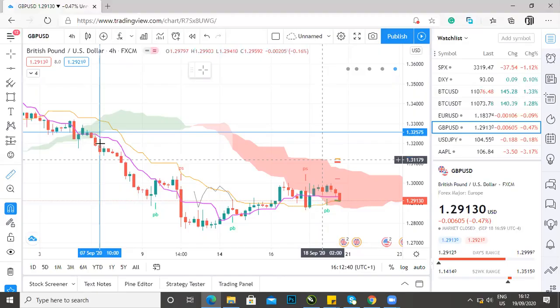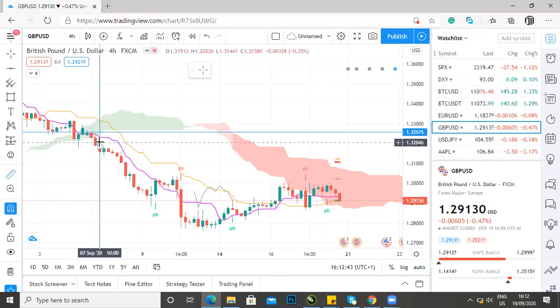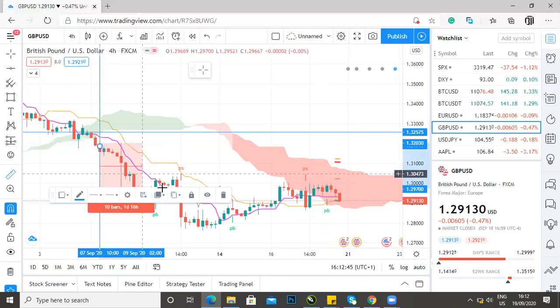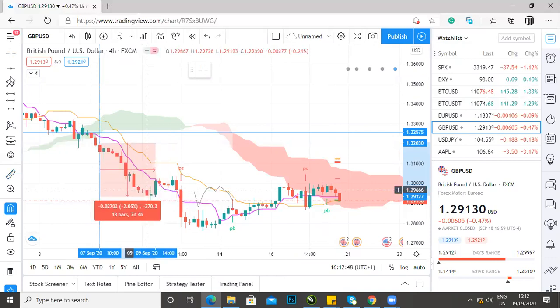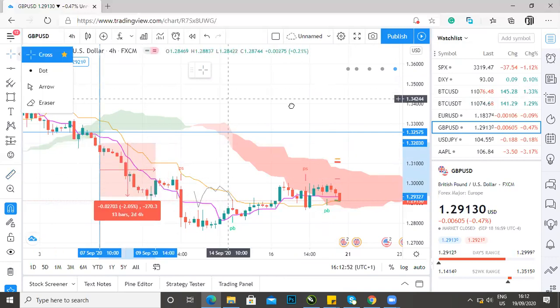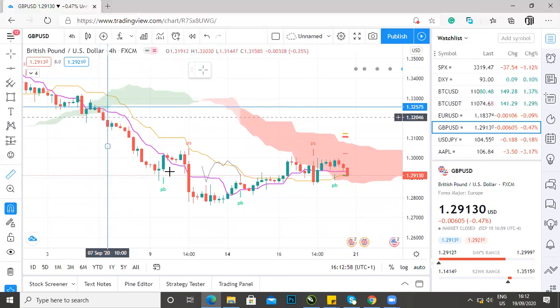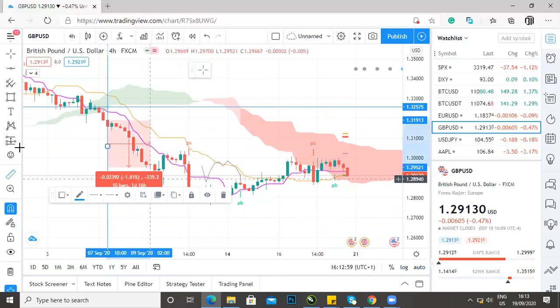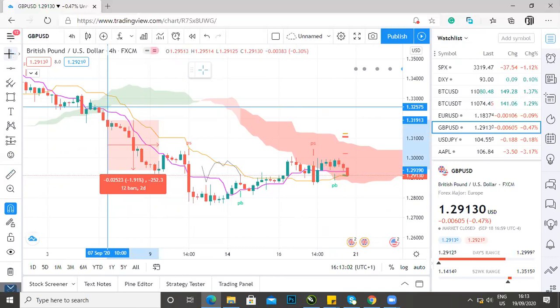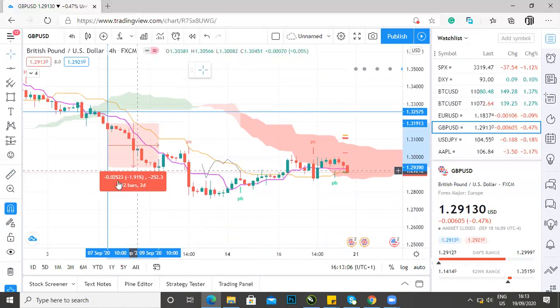Imagine we enter into the trade from here, before the call comes in. In 2 days, we just made about 253 pips.